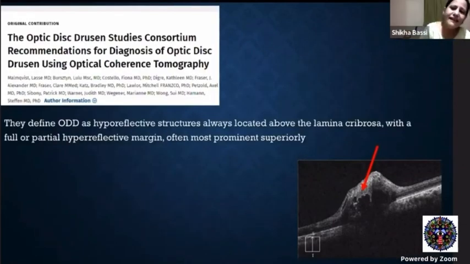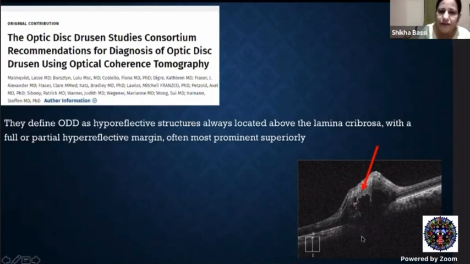There were many other studies during that time describing optic nerve head drusen in terms of SDOCT, and there were different descriptions. So because of that, an optic disc drusen studies consortium was formed, and it used an advanced technology of spectral domain OCT, that is EDI OCT, to study the drusen.